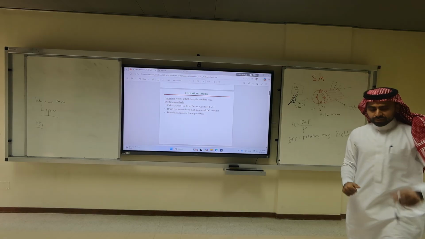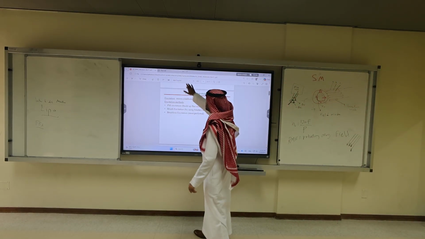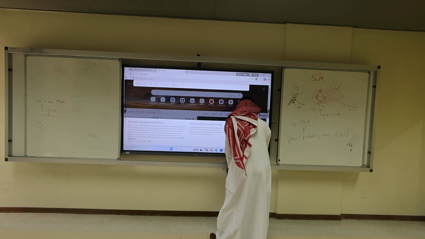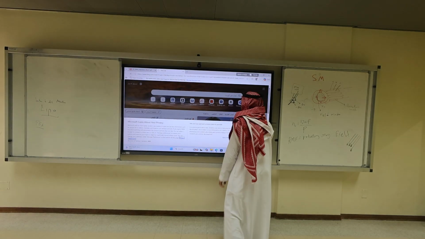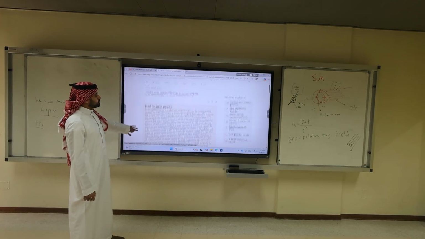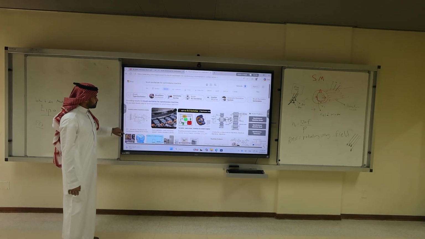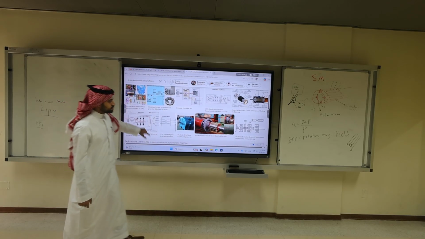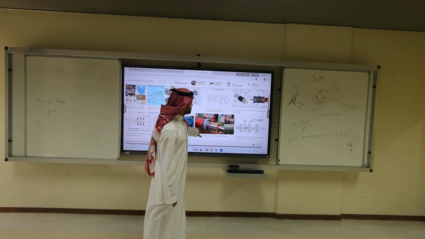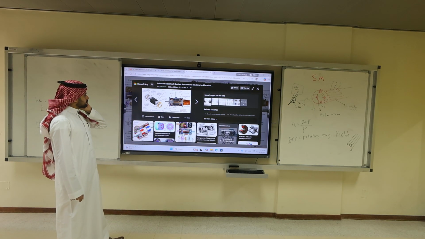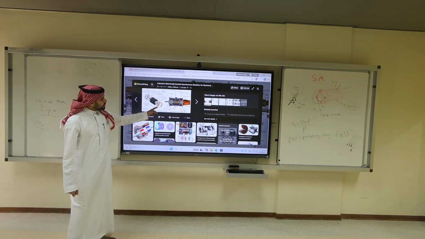Let's look at some pictures. So you can see how the slip rings work.